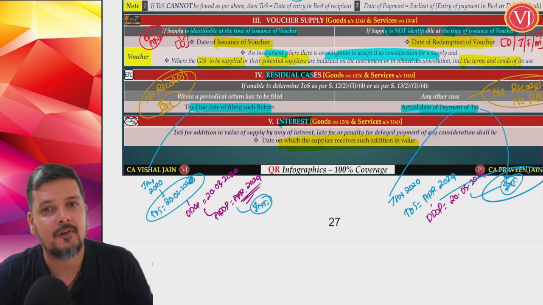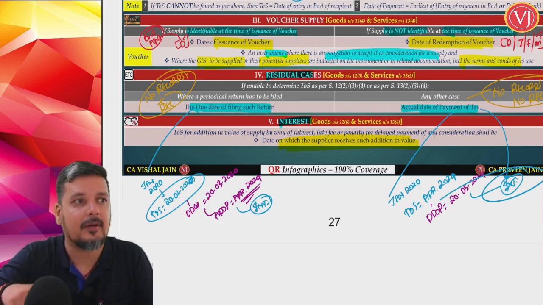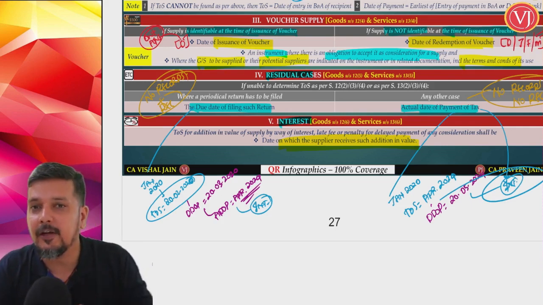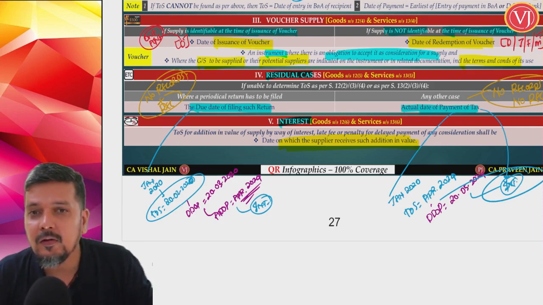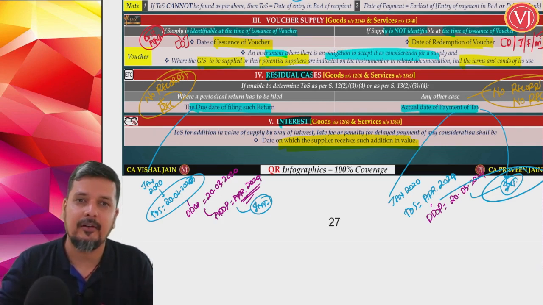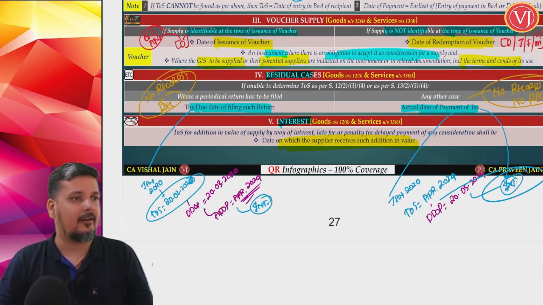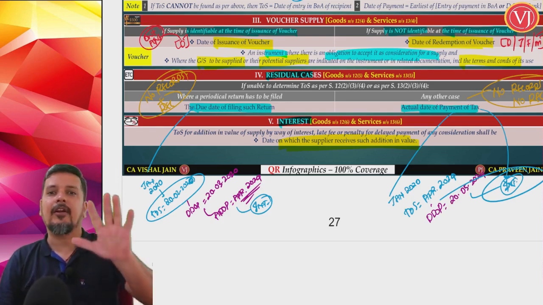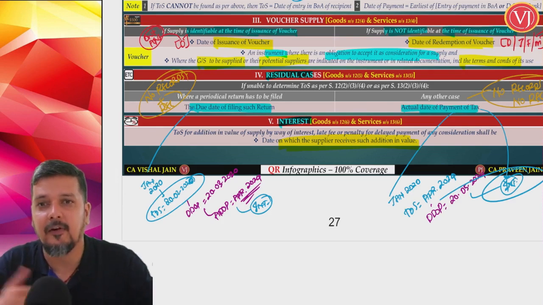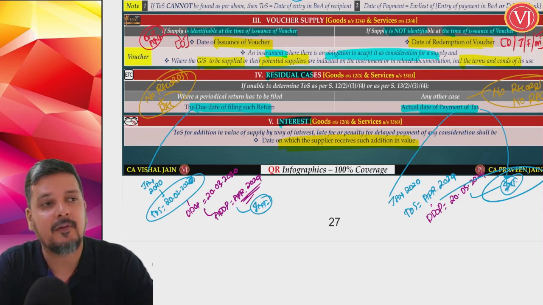GST will be on 15,000 or 10,000 because of this time of supply. Because time of supply for interest is the date when you receive it. Whenever you get, only on that amount you have to pay. If you don't get the 5,000, time of supply will never come for it.